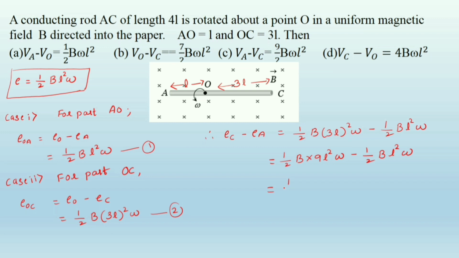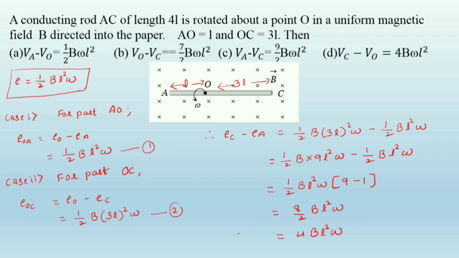The common term half B L square omega we can take outside, remaining is 9 minus 1. So we get 8 by 2 B L square omega, that gives 4 B L square omega.